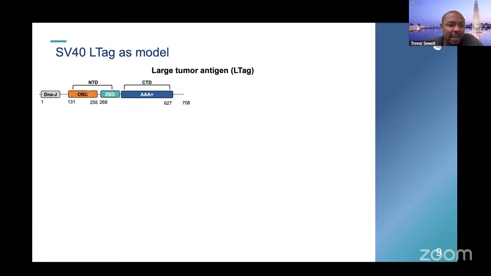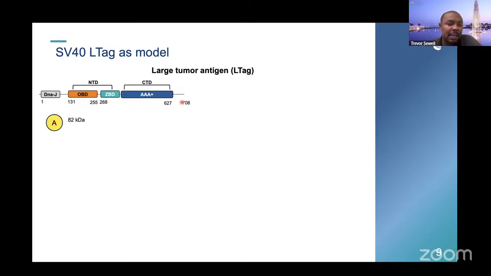And then you have the origin binding domain called the OBD, which is the recognition sequence for the origin DNA binding. And also you have the zinc binding domain that supports DNA binding alongside the OBD. And then at the C-terminal, you have the AAA+ ATPase motor that can facilitate ATP hydrolysis.